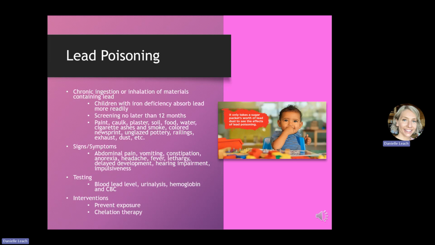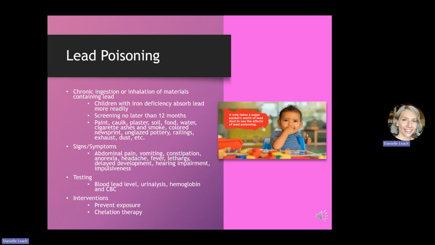The water can be contaminated with lead, especially if they have lead pipes. Cigarette ashes and smoke, exhaust from cars, old colored newsprint, like newspapers from a long time ago, not current newspapers, unglazed pottery, railings outside.